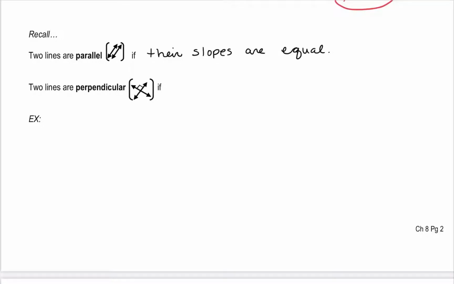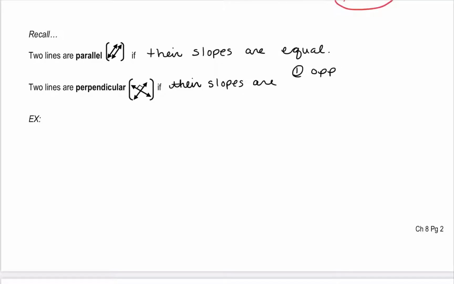Two lines are perpendicular, meaning they intersect at a right angle, which you kind of see indicated in that picture there, if their slopes are, and there are two things that have to be satisfied.